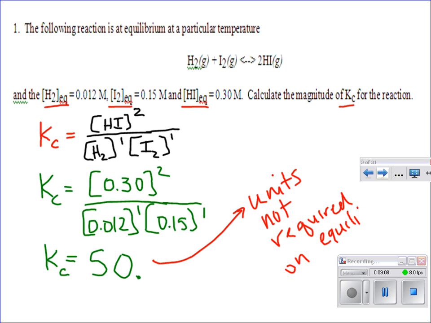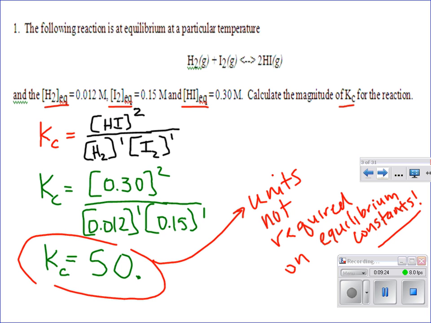Yay! Units are not required on equilibrium constants. So we need units on kinetics Ks, yes, but we do not need units on our equilibrium Ks, because the magnitude of the 50 just tells us all we need to know. The units on K in kinetics told us, or we could figure out order from that. We could learn a lot from looking at the units.